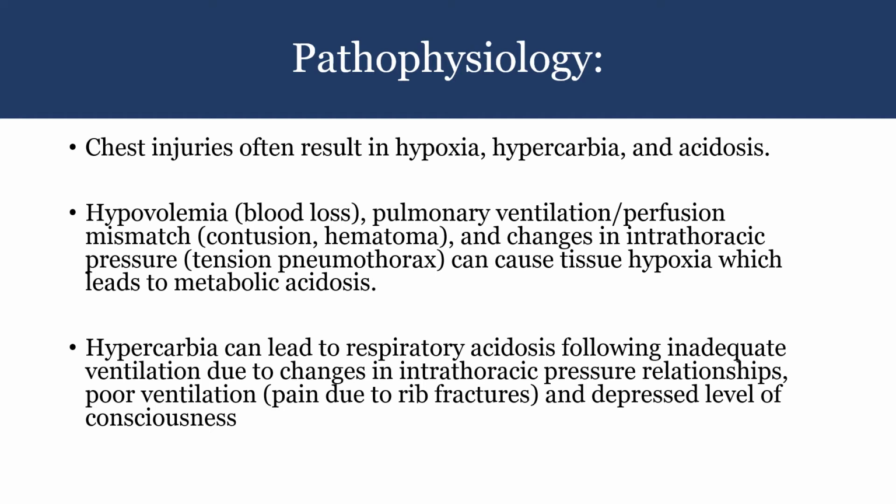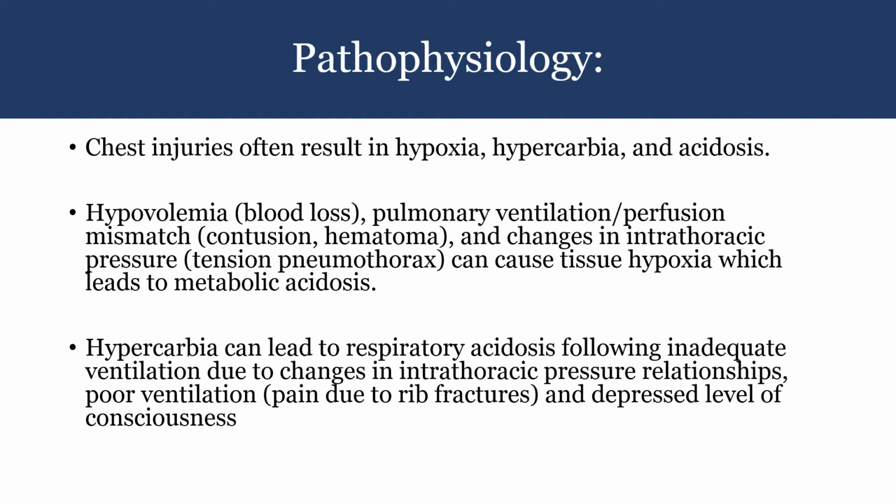And also changes in the intrathoracic pressure, for example, tension pneumothorax can give tissue hypoxia, which eventually leads to metabolic acidosis. And also we can have hypercarbia leading to respiratory acidosis, especially following inadequate ventilation due to changes in intrathoracic pressure relations.